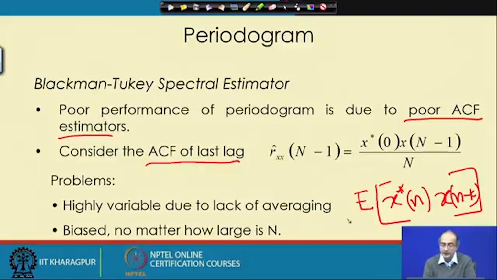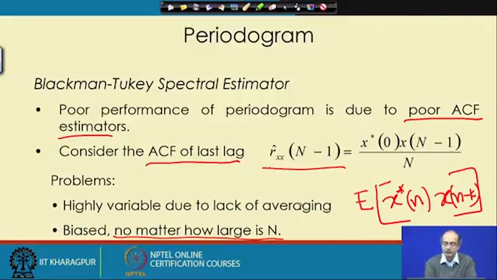So, with that averaging missing, we have to pay a penalty and we get high variability in the estimate. Unfortunately, this is going to be there no matter how large N is. The only thing that will happen is that the lag will also change.